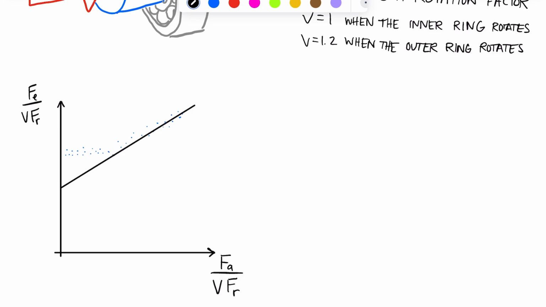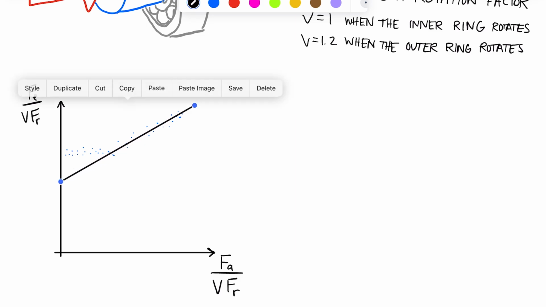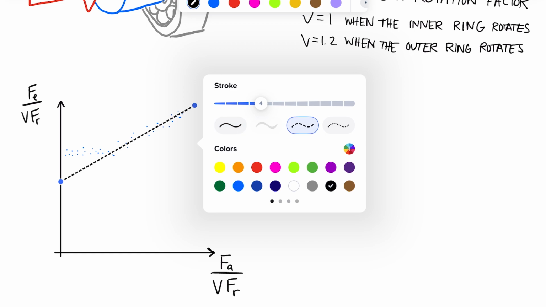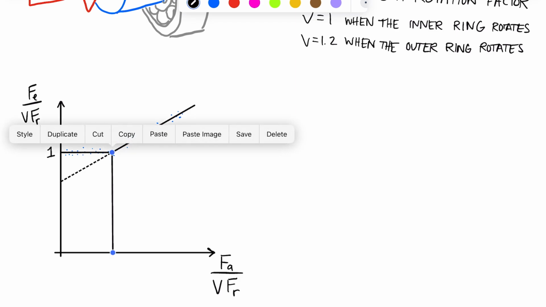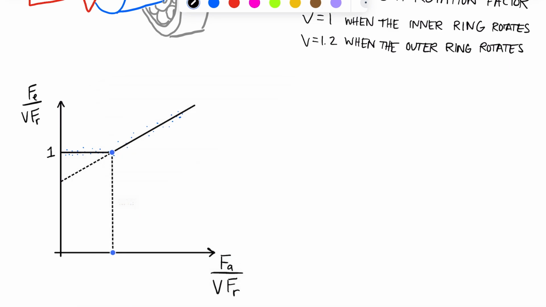So if we fit a line to this side, we put that as a dotted line, and then let's fit a flat line here, where this flat line actually is just equal to 1. So what that tells you is that the magnitude of the axial load before we reach this point where things start to change, and I'm going to define this location as e.